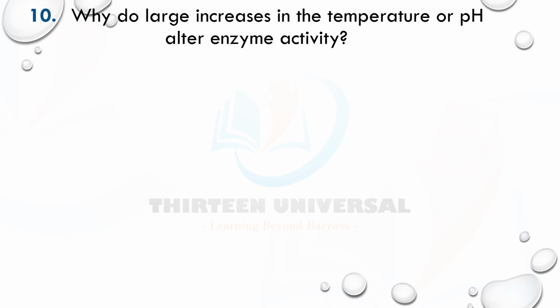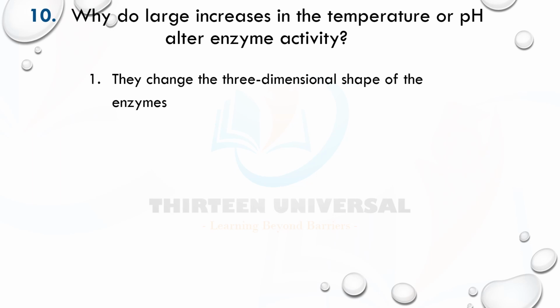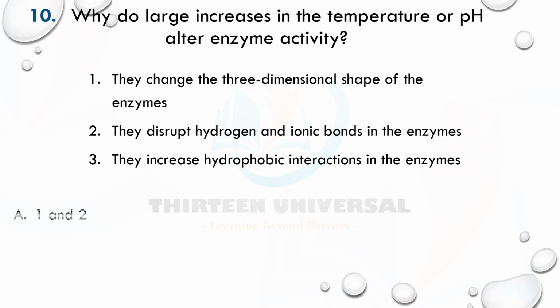Now number 10. Why do large increases in the temperature or pH alter the enzyme activity? Okay, look at the point here. Pause the video and try to solve it. Number one, they change the three-dimensional shape.